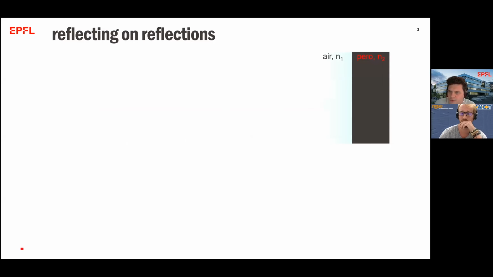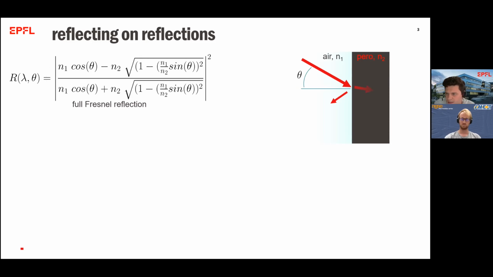This is described by Fresnel law. This doesn't just happen at normal incidence, but also at different angles, and then the equations get a little bit more complicated. In the end, we always have Snellius and Fresnel law that dictate how the light propagates before and after the interfaces.